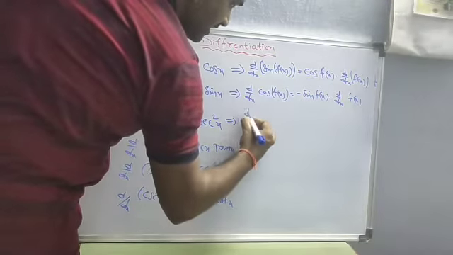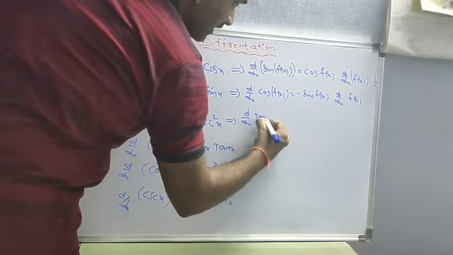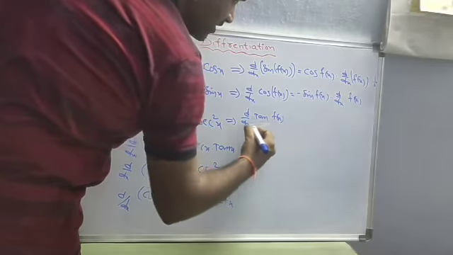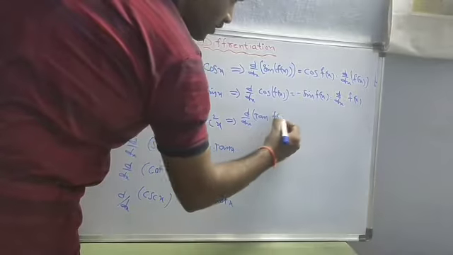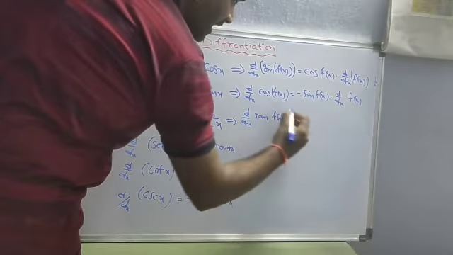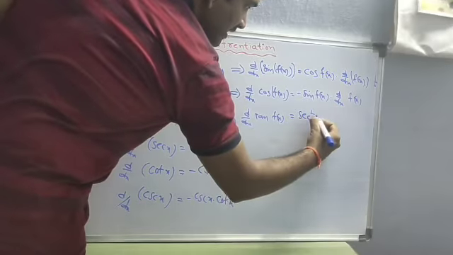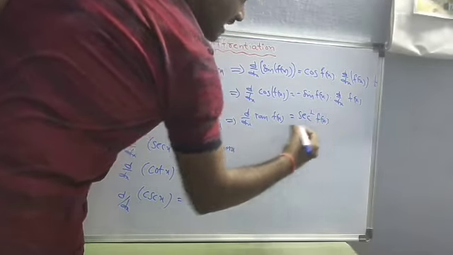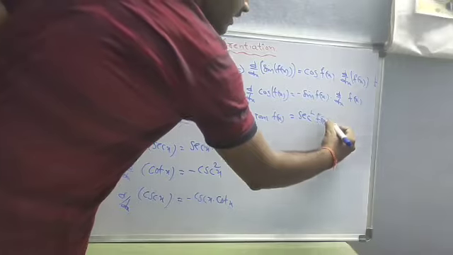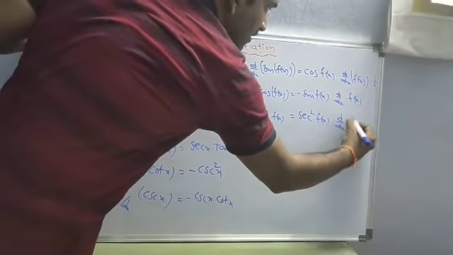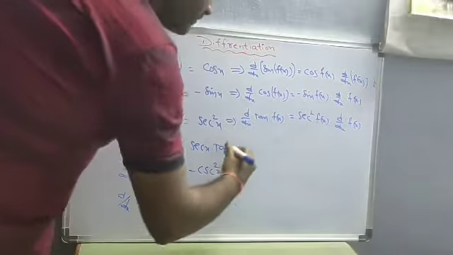Next, d by dx of tan of f of x, any function. So d by dx of tan of f of x equal to secant square of f of x, in the place of x I am taking f of x, into d by dx of f of x, don't forget this.